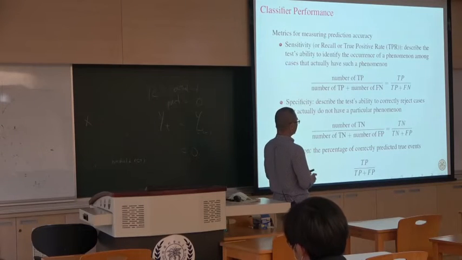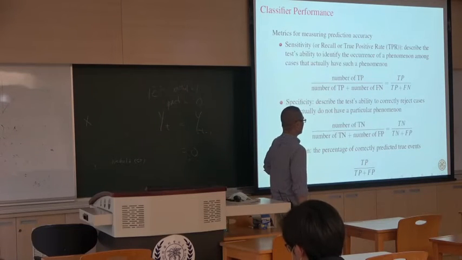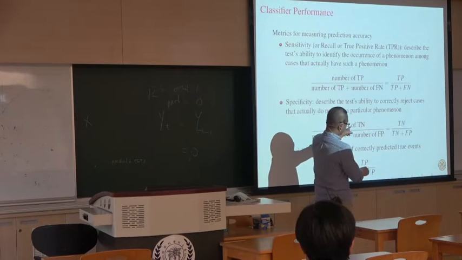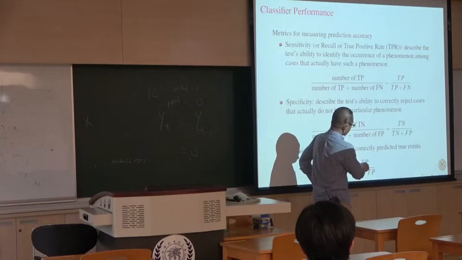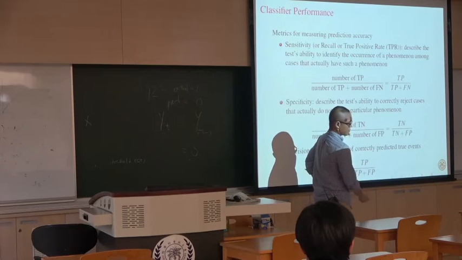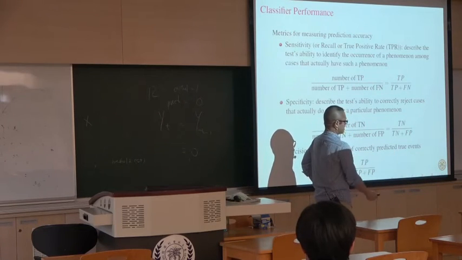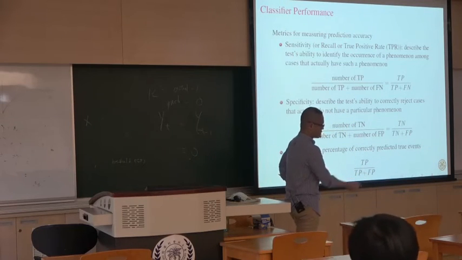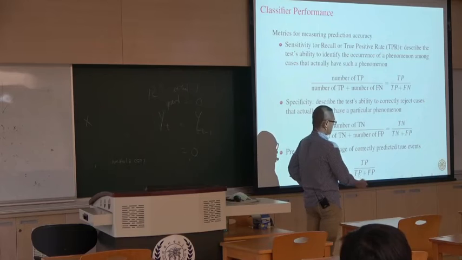On the opposite side of it, there is a concept of specificity. Again, it describes the ability to correctly reject cases that actually did not have a particular phenomenon. That means we aim to maximize the number of true negatives, where the outcome is 0 and we predict that to be 0.